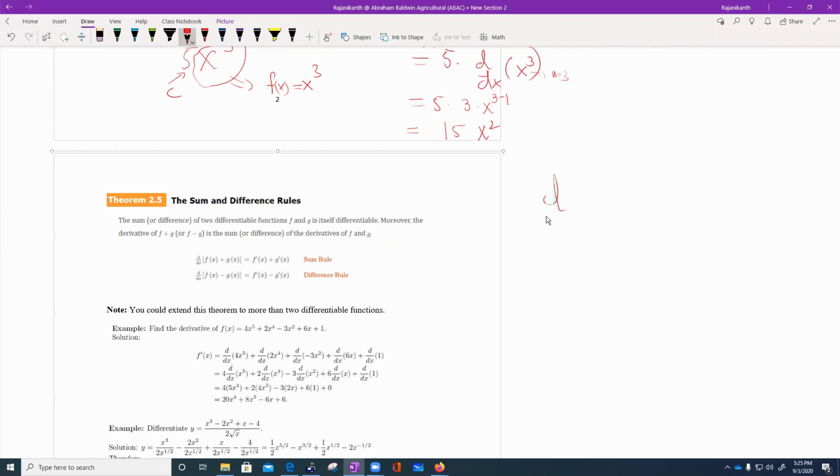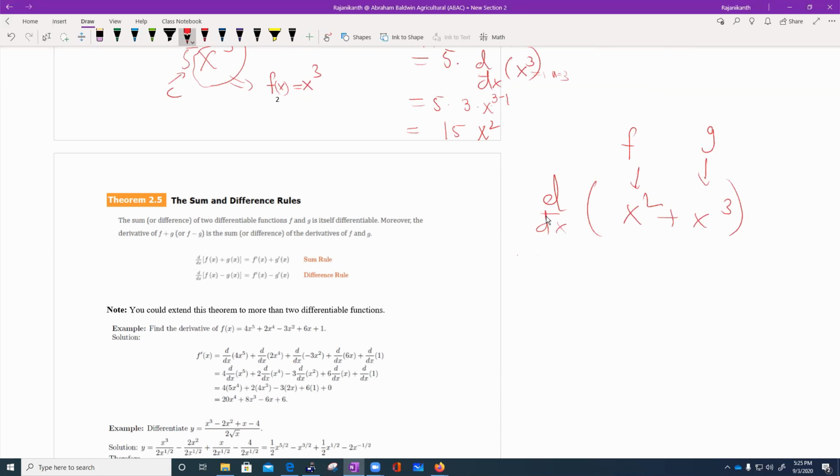Suppose you are asked to find the derivative of 2 functions, say x squared plus x cubed, you could think of the first function as your f function and the second one as your g function, right? So if you want to find the derivative of the sum, the derivative of the sum is nothing but the sum of the derivatives.